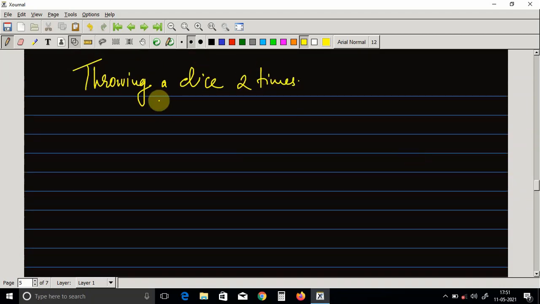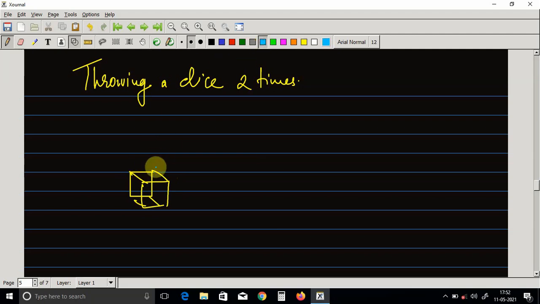Whatever experiment you do, you must find the sample space, or N of S. So throwing a dice 2 times will give a very huge sample space.